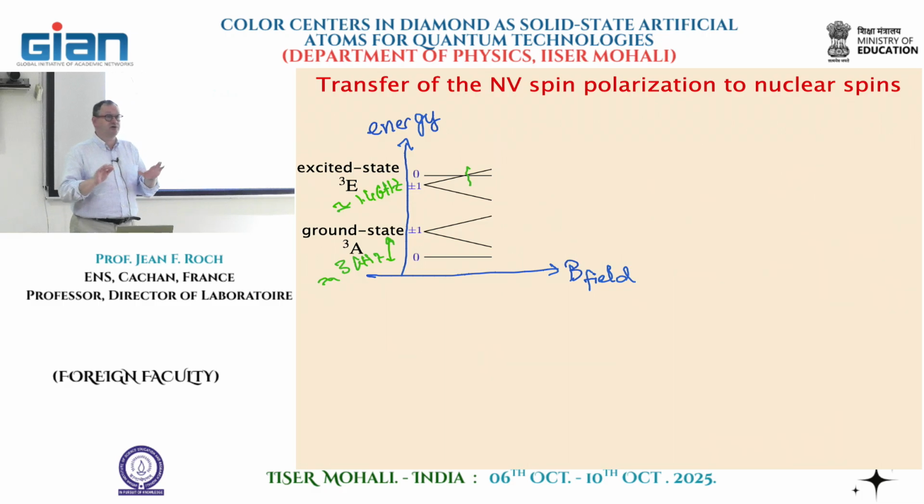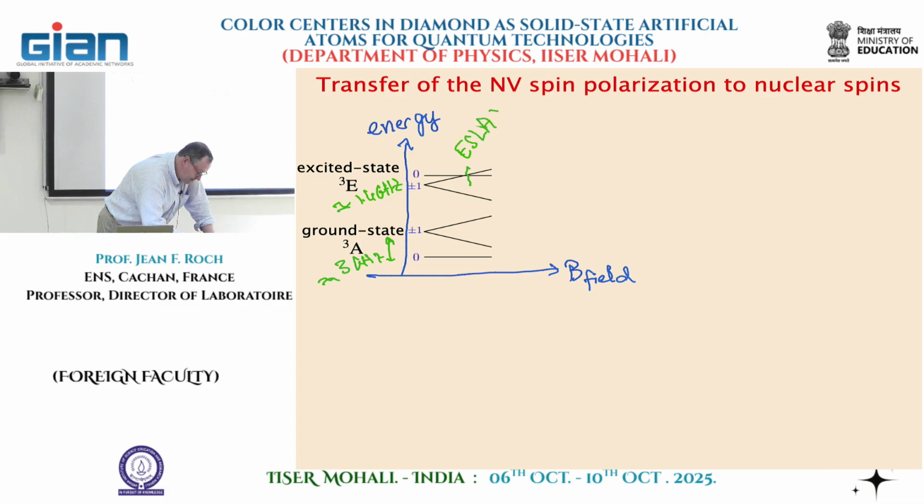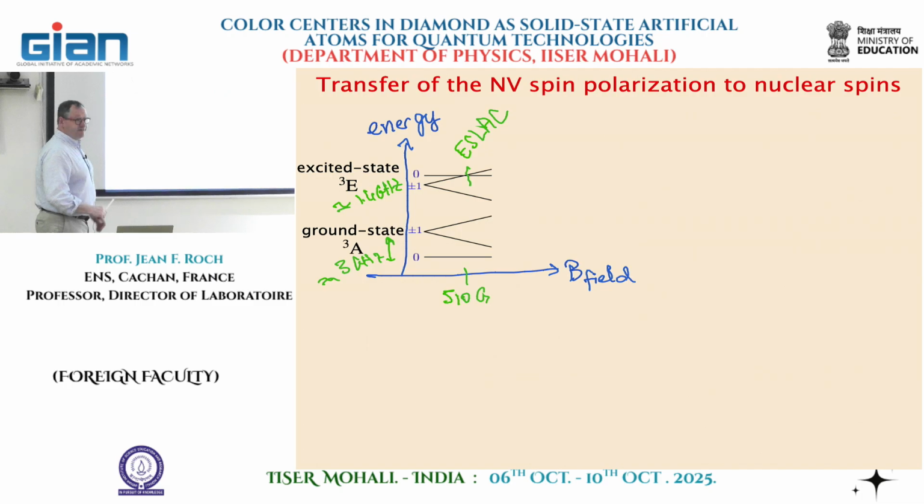If these states are not coupled, it's not a problem. They still live independently, and it's not a problem that the energies coincide. This we'll call the S-LAC, okay? And it occurs for a magnetic field of about 510 Gauss. I would have the same effect in the ground state, which I should have plotted here.